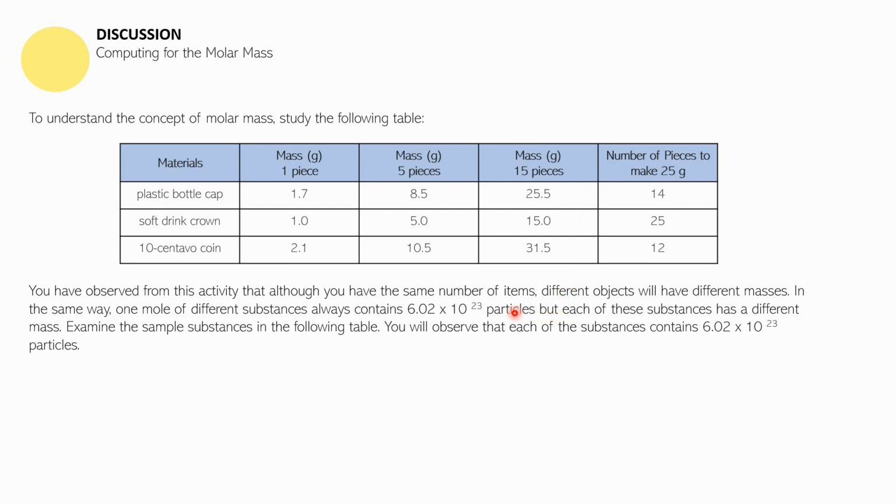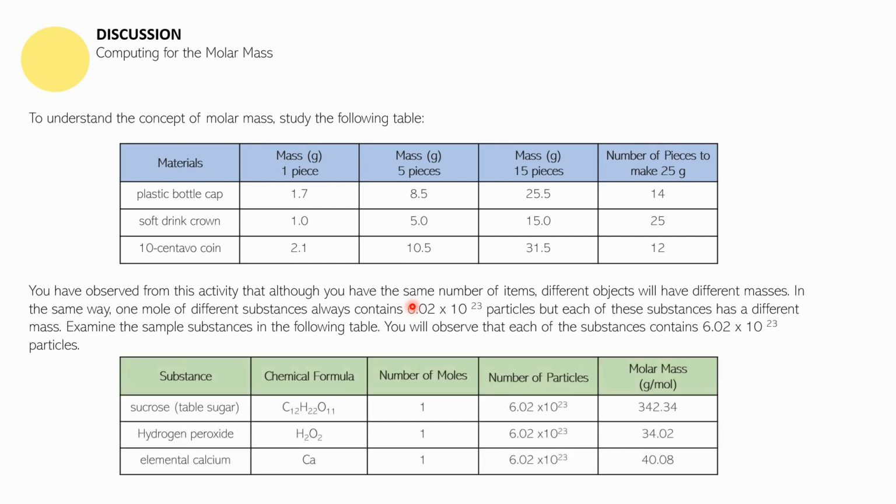But despite the fact that they are each one mole, these particles can have different masses. That is the main point of the molar mass. Their masses differ because they are made of different materials. That is the concept of molar mass.